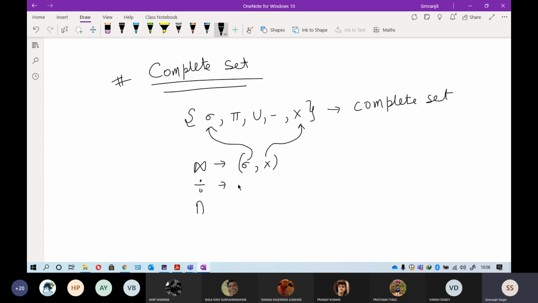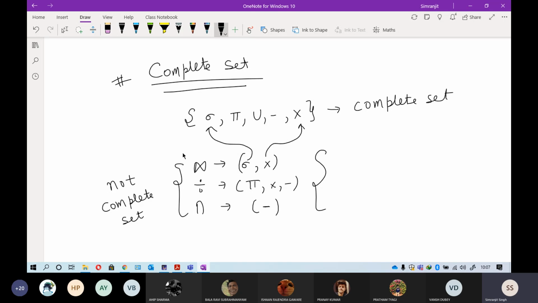Similarly, division will follow a project operation, multiply operation, and minus operation. Again, intersection is implemented with the help of a minus operation. So you already know it. We cannot call these three operations a complete set. Complete sets are only those operations that are not dependent on any other operations.